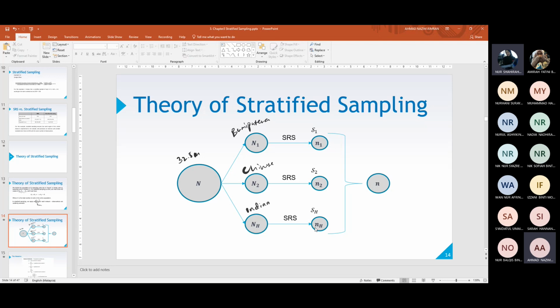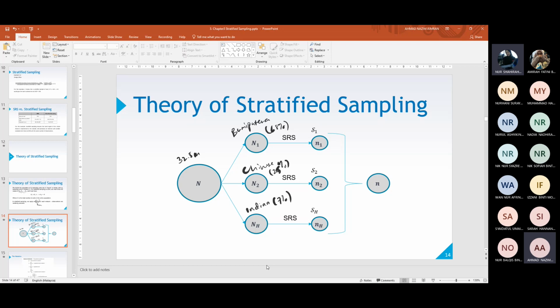We know that Bumiputra is around 68%, Chinese around 25%, and for Indian, 7%.